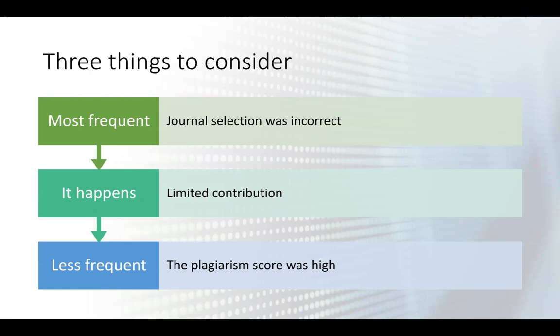Another thing that can sometimes happen, and because this is quite broad it can be based on the editor's decision, is that the editor might find that your paper does not make enough contribution. It can be for many reasons.